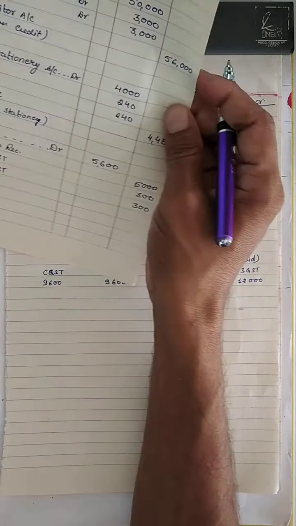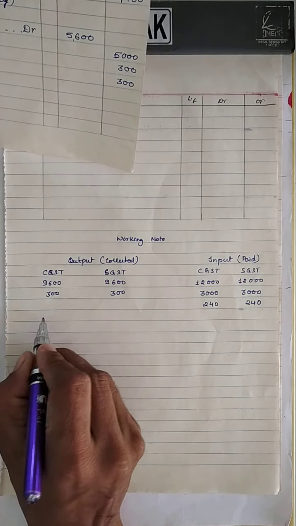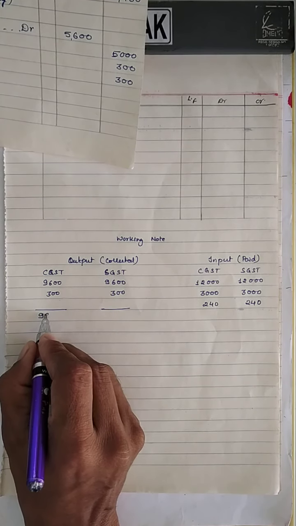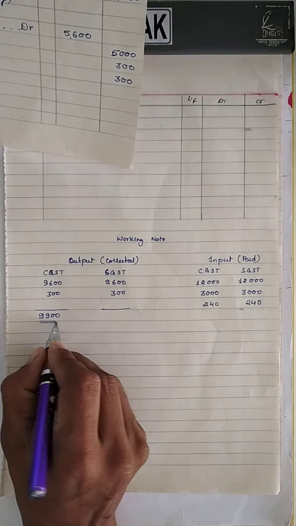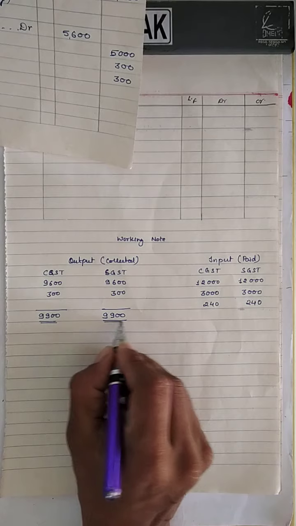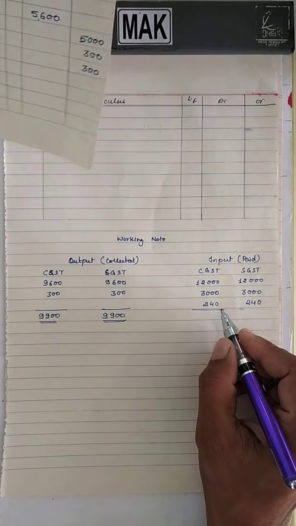Then again paid 240 and 240. Again output is there, 300 and 300. So we will add it and see what difference comes. So 9,900 will come here, and here also 9,900.